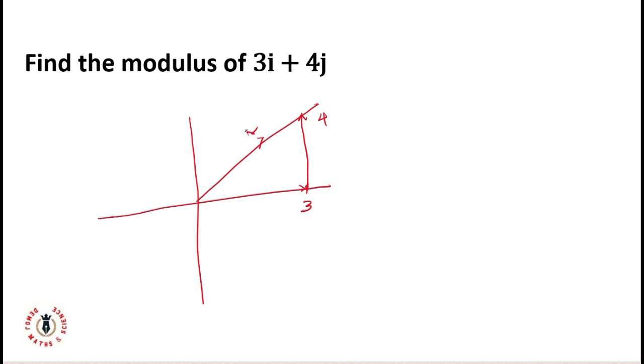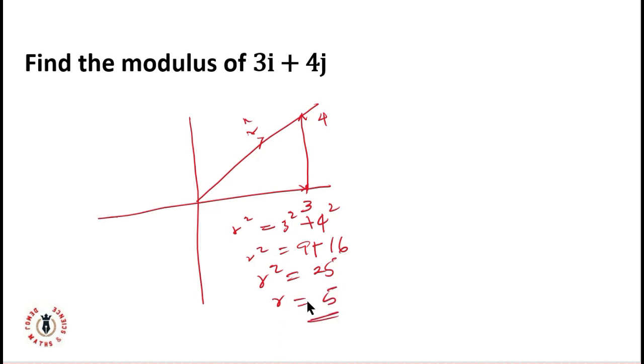So here is r. From here my r squared will be the same thing as 3 squared plus 4 squared. My r squared will be the same thing as 9 plus 16. r squared will be equal to 25. r obviously will be equal to 5.